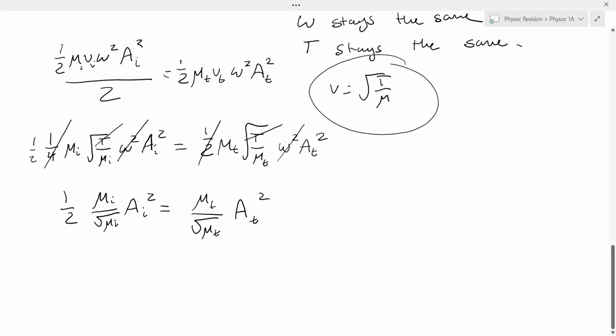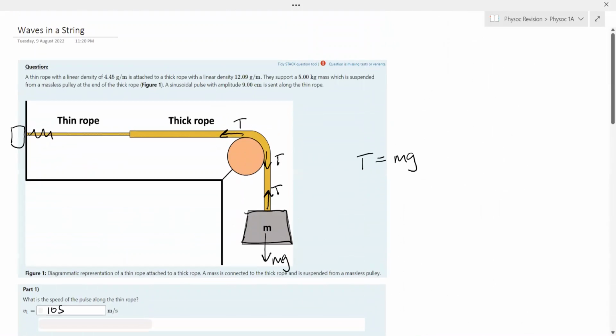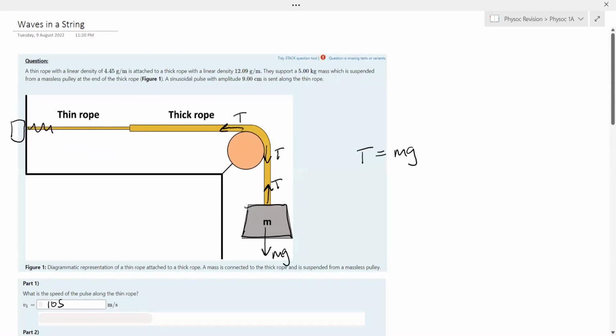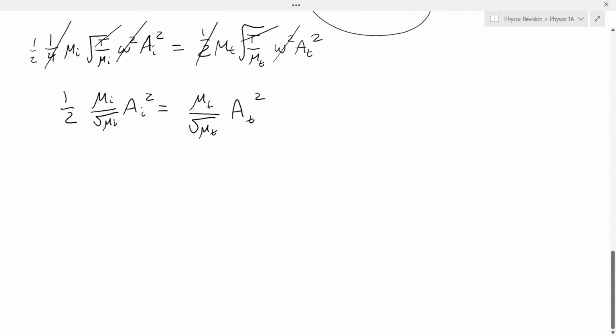And I think we pretty much have everything we need. We're given our linear density of the thin rope and the thick rope, so we can just chuck those straight in. We don't have to simplify any further. And the amplitudes, and we just want to find our value of A_T.